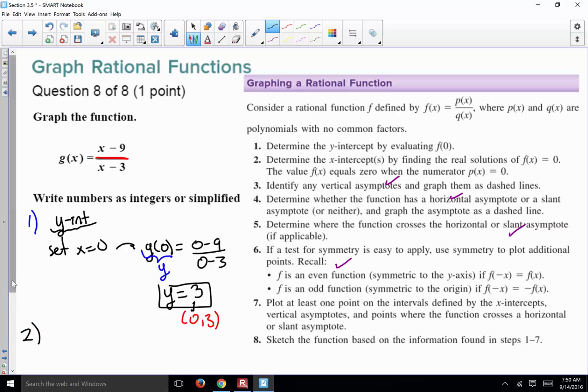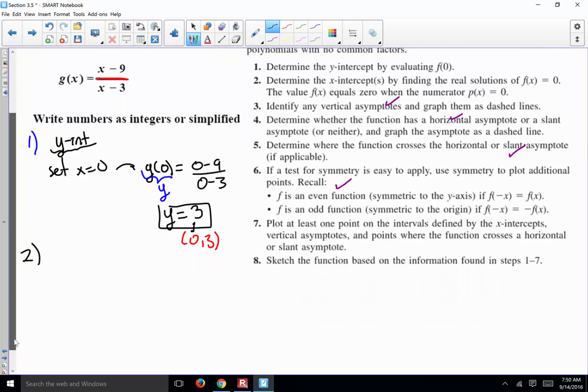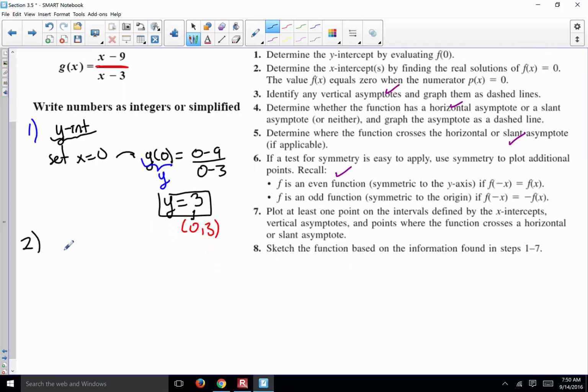Okay. Next, step 2. We are going to find out x-intercepts. And for this, we always set the other variable, y, to 0. In other words, this guy is y. I'm going to set that to 0 and solve. Alright, how do I solve this thing?